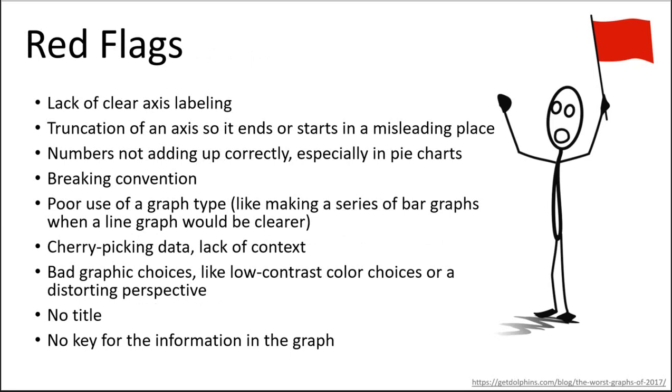When your axes aren't labeled, or when units are missing, when axes are truncated, so it starts or ends in a misleading place, when numbers don't add up right, or that example of a cumulative line plot versus just a regular line plot, breaking conventions, using the wrong graph type, like that awful one that we talked about where it was the car manufacturers and they used a bar chart to encode what country the car manufacturer was made in.